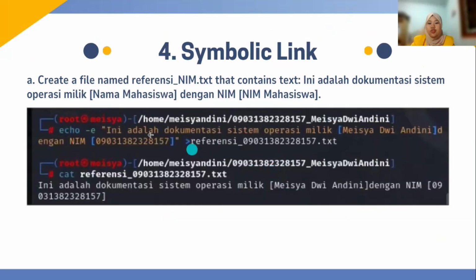Okay, continue to number 4, which is a symbolic link. The first instruction is to create a file named referensi_name.txt that contains the text "ini adalah dokumentasi sistem operasi milik Meisha Duanini dengan NIM".